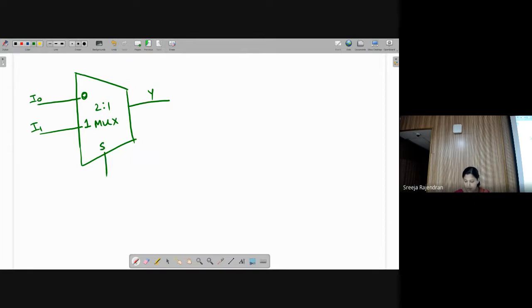This is my select line. What is it going to be when select is equal to 0? The input corresponding to that binary position 0 is connected. So when S is 0, Y is equal to I0. Yes or no? You already did this in the lab also. Now S equal to 1 means Y is equal to I1.